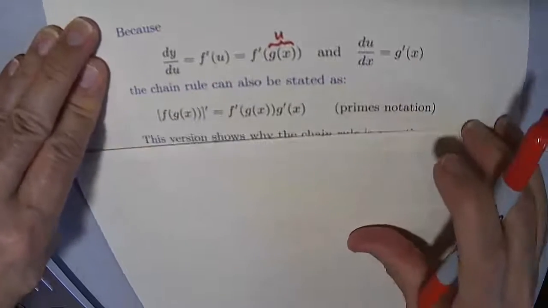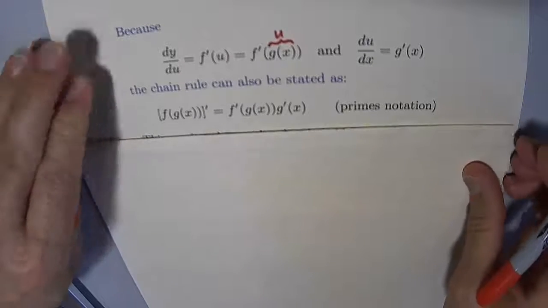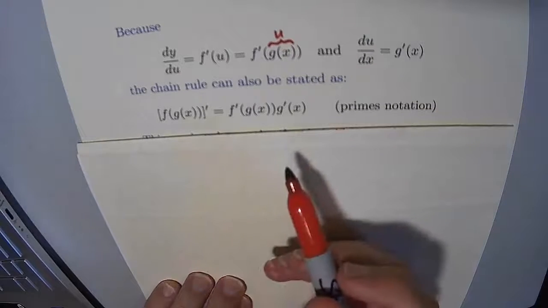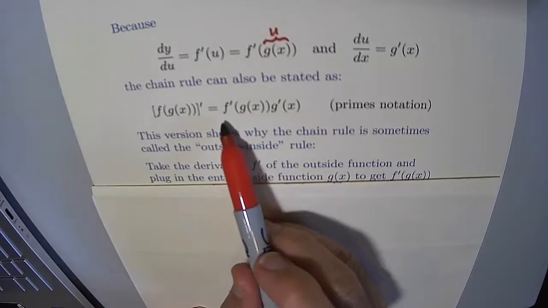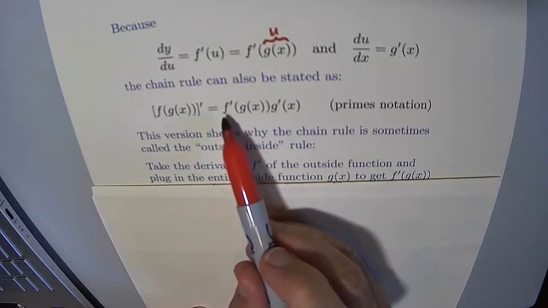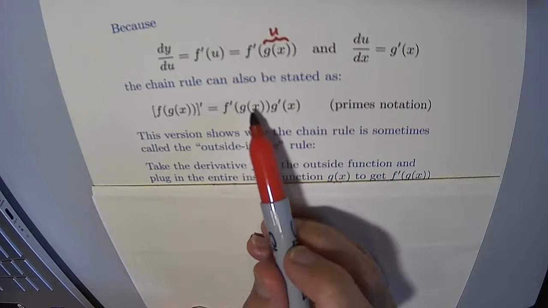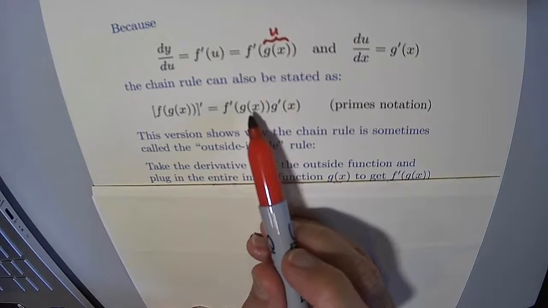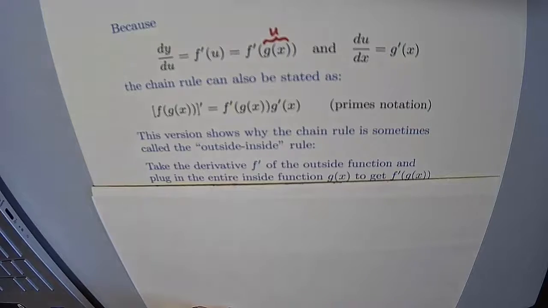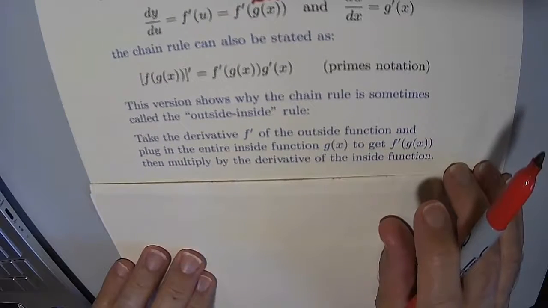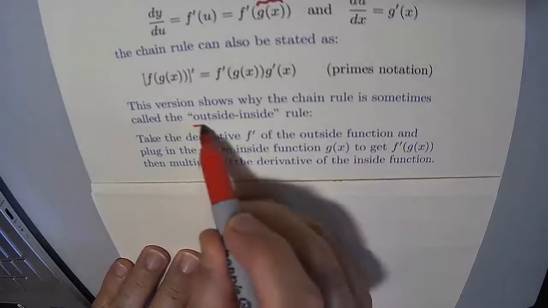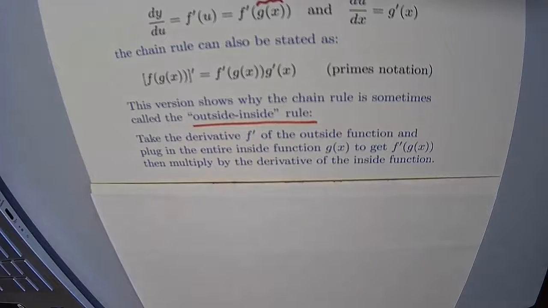Putting this together, we get the primes notation version of the chain rule, which reads: derivative of the outside function with the inside function plugged in, times the derivative of the inside function. And for this reason, sometimes the chain rule is called the outside-inside rule.